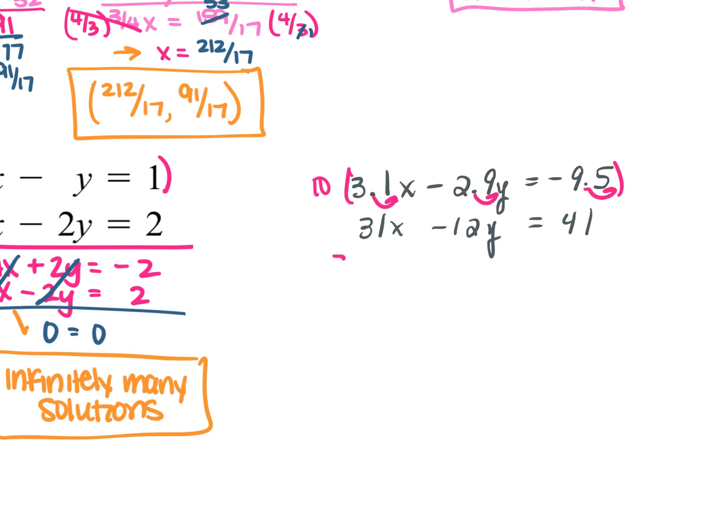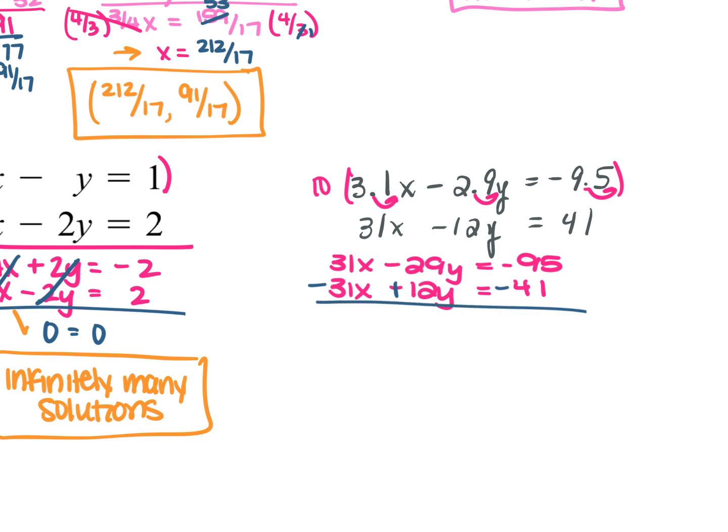So it's going to be 31x minus 29y is equal to negative 95, and 31x minus 12y is equal to 41. We're going to subtract these, so we're going to change the sign on each of those terms on the bottom equation. So that's going to give us those x's canceling out. That negative 29 plus 12 is negative 17y, and negative 95 minus 41 is negative 136.